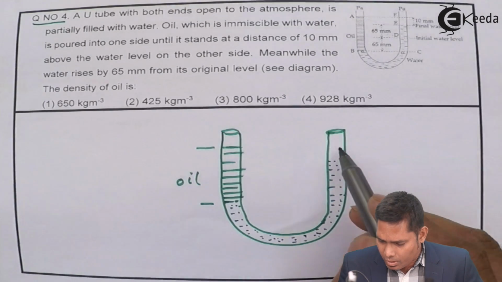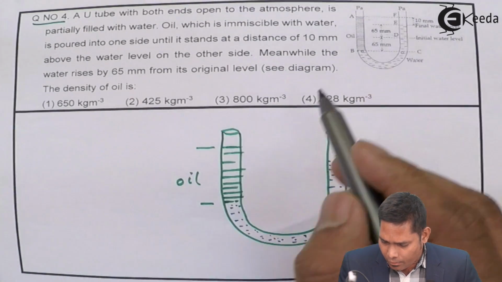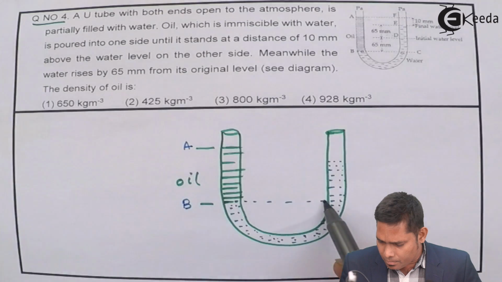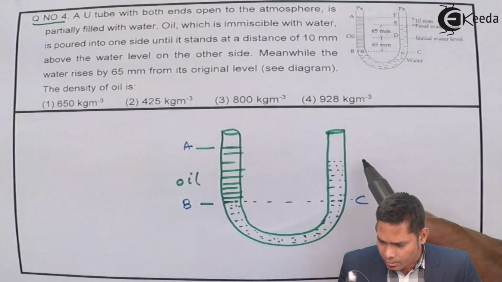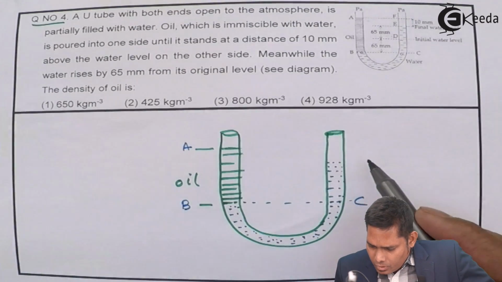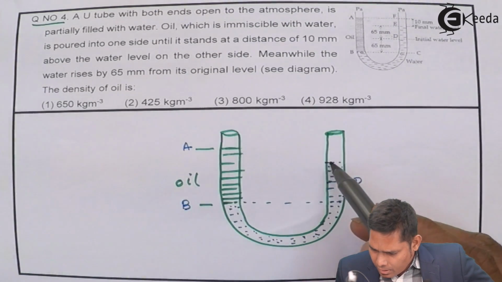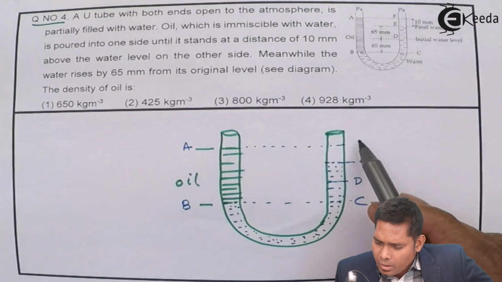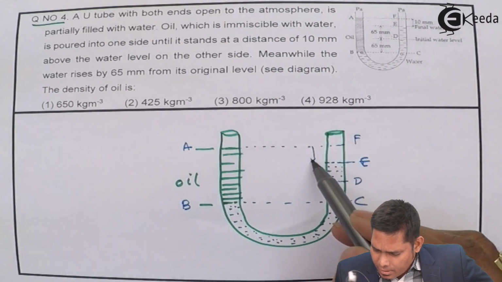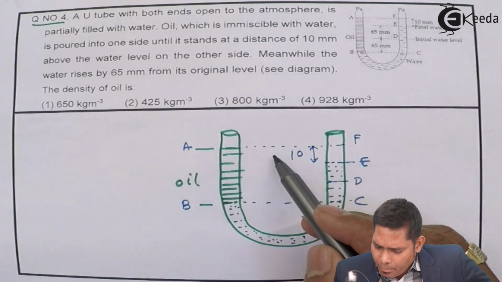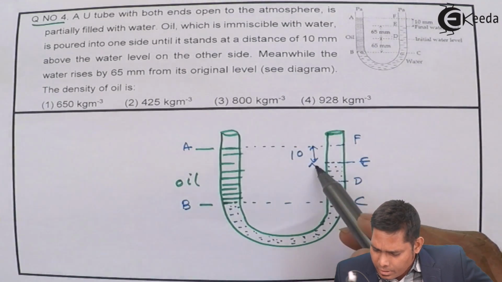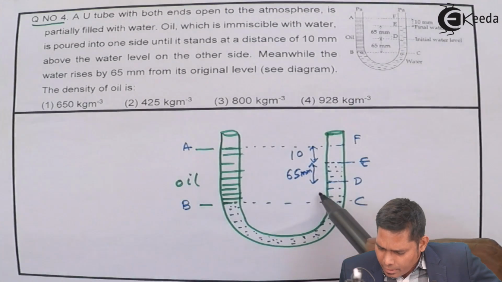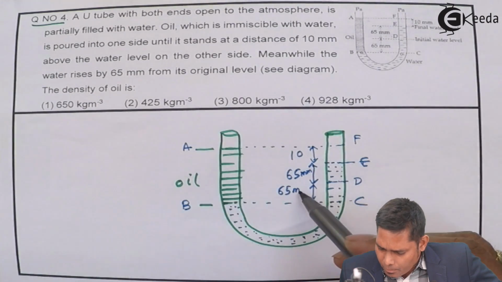Now from here to here, this is given as A, this is B, this is C at the same level, this is D somewhere here, and this is E, and at the same level, F. This one is 10 mm, and this is 65 mm, and this is also 65 mm.